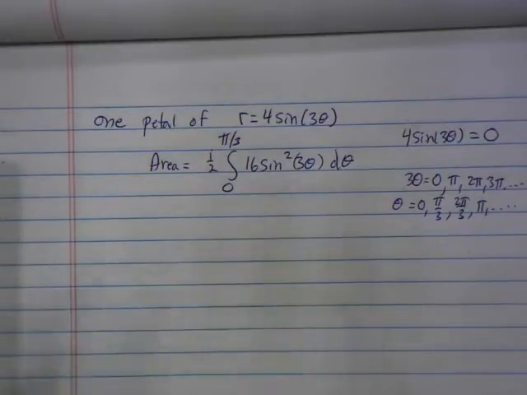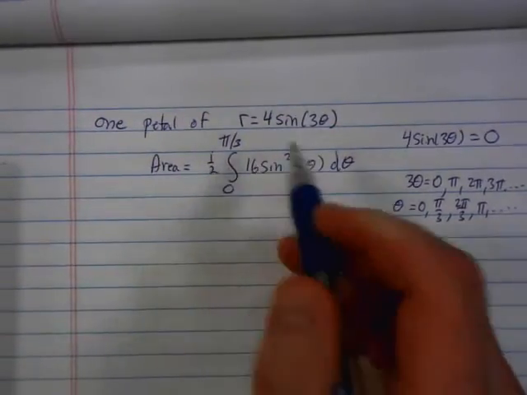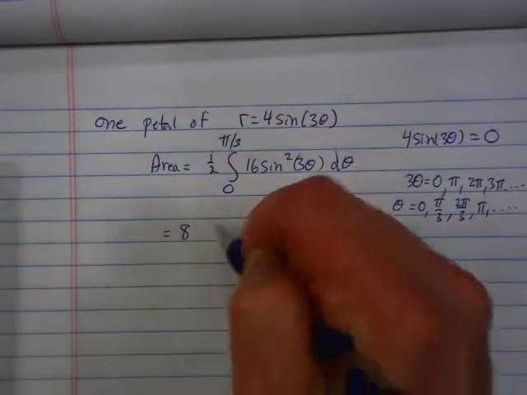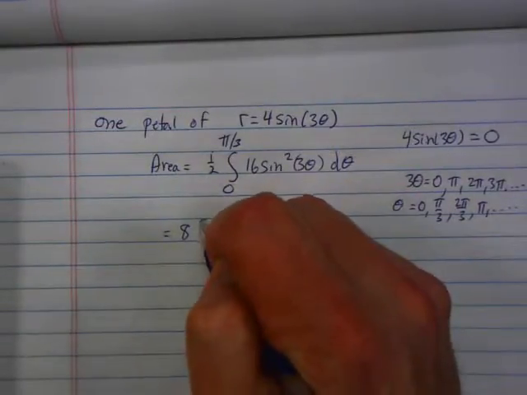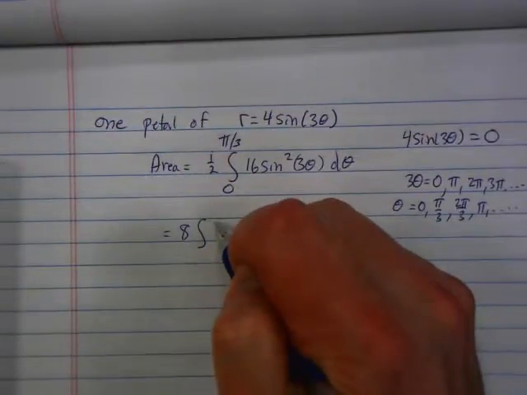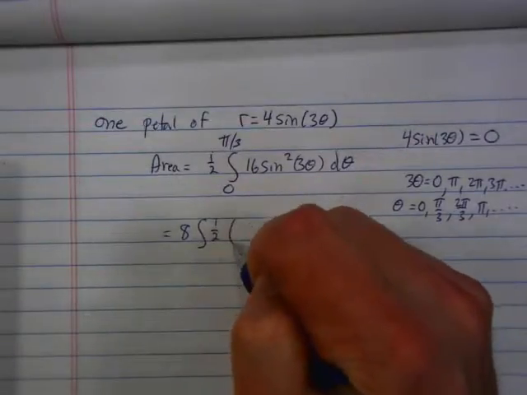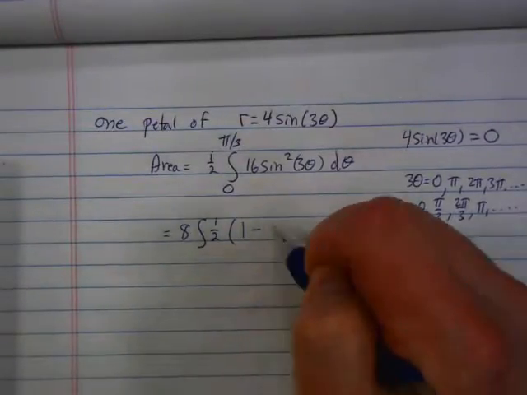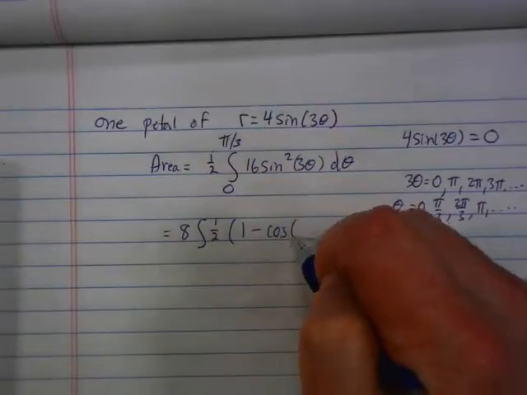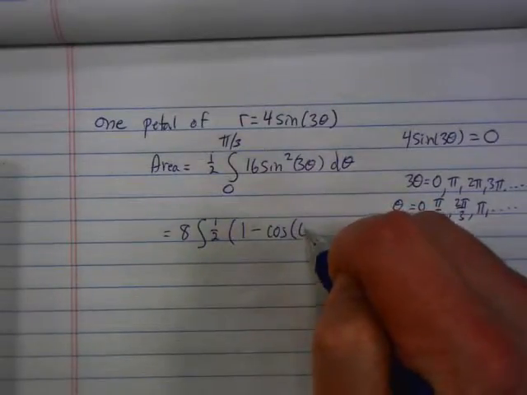How do you integrate that? Same as last time, you're going to have to use the half angle formula. So you're going to have a half times 16, that's 8, times the integral of 1/2 times 1 minus cosine of 6 theta.